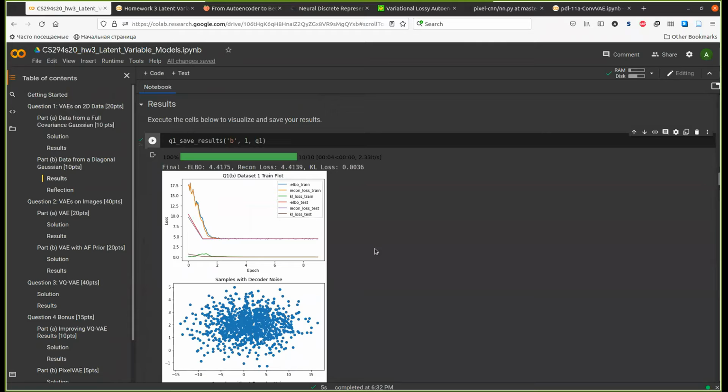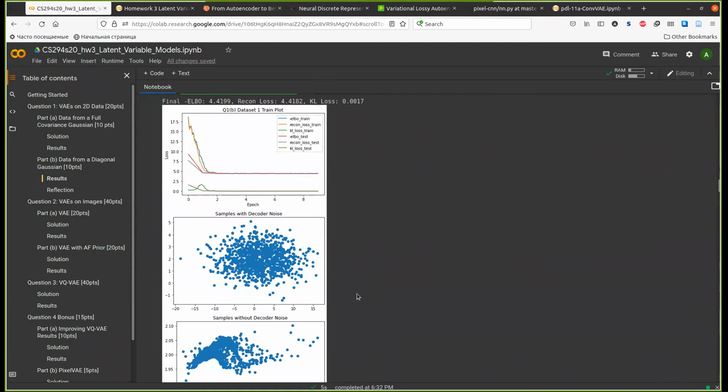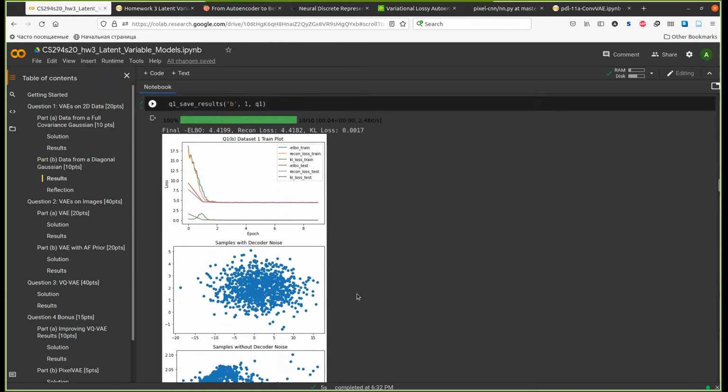By setting the latent variable to be very close to standard normal. So that's what we have here.